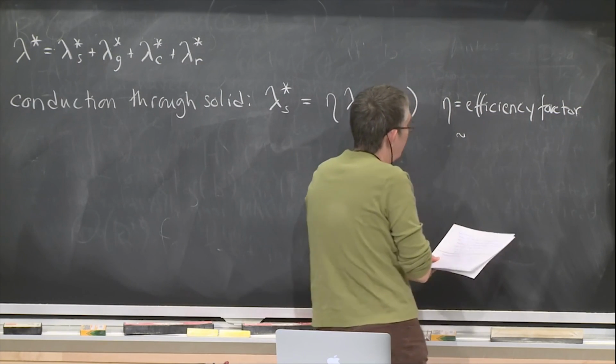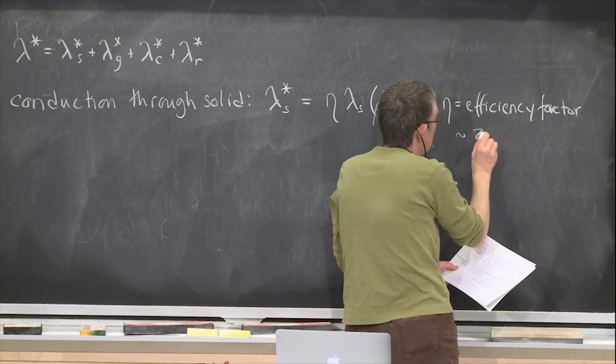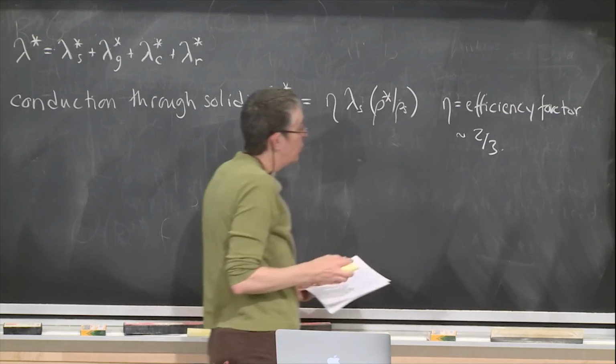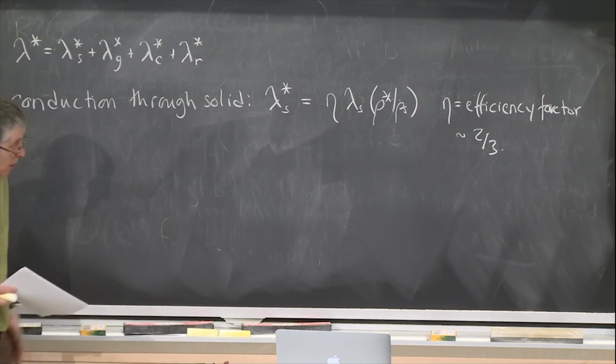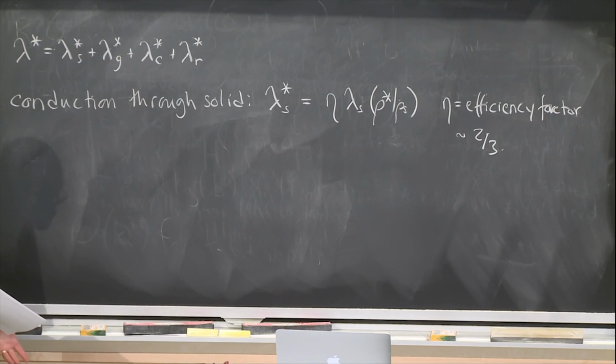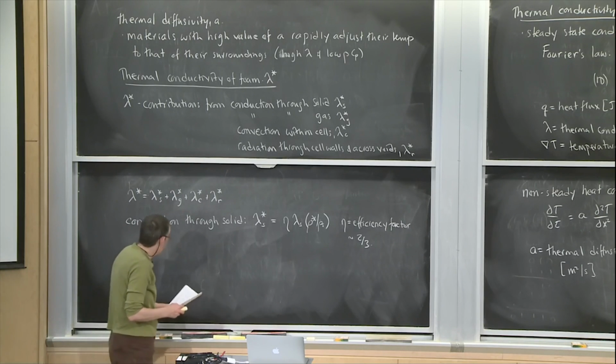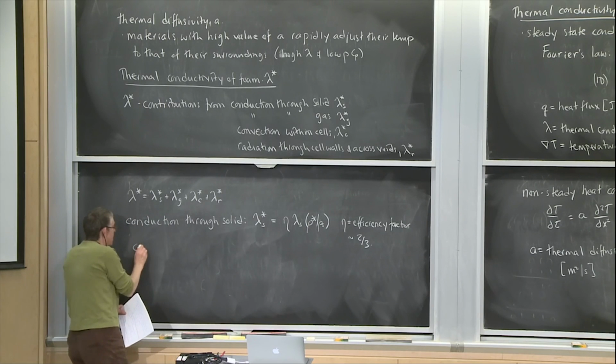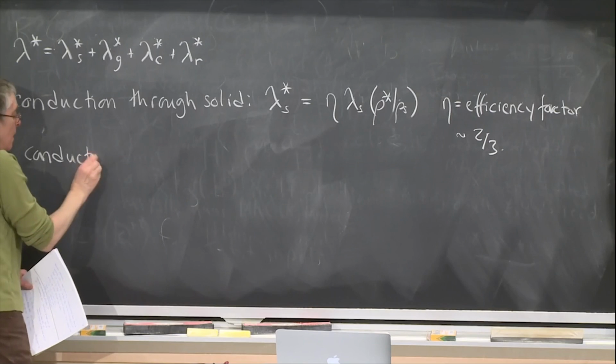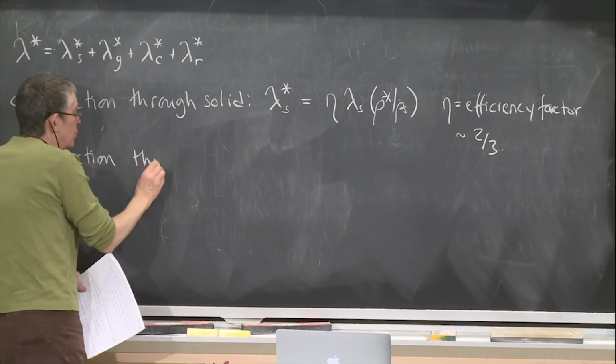And people have made estimates of what this is, and it's roughly a factor of 2/3. So I guess it would depend on exactly the foam cell geometry, but typically it's around 2/3.